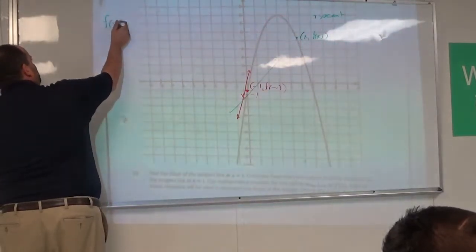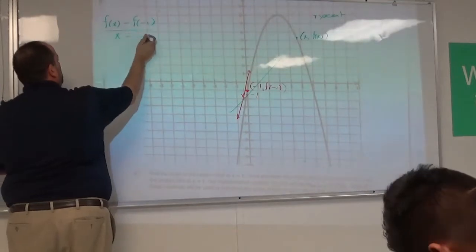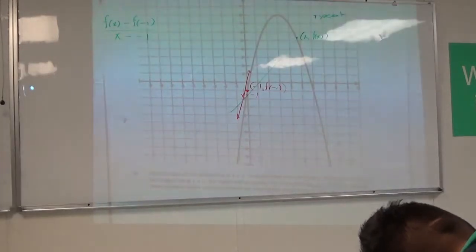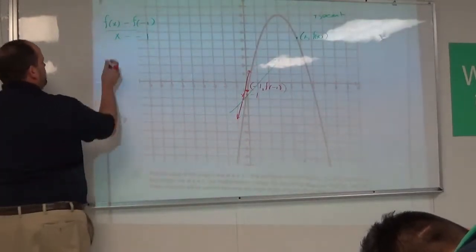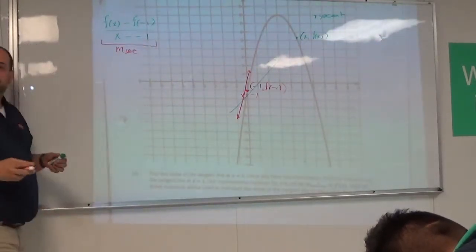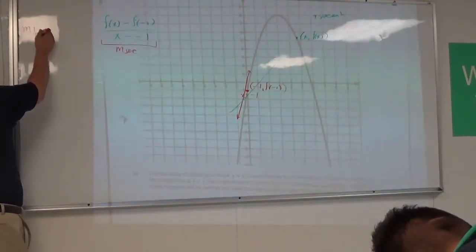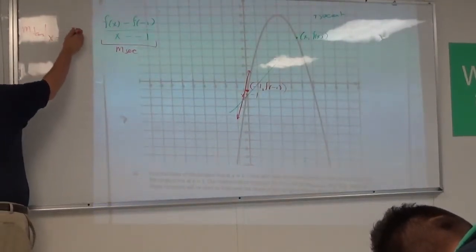If all you do is f of x minus f of -1 over x minus -1, what you're finding is the slope of the secant. My goal, though, is to find the slope of the tangent line at -1.